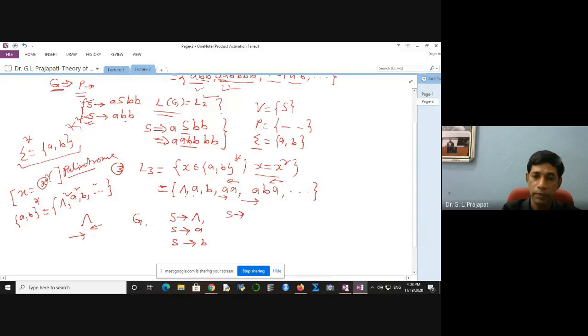S can generate... See, if the first symbol is A, then the last must also be A, because reading from left to right and right to left should be the same. So whenever you are writing the production rules here, you must observe that if you are starting from A, then you should also have A at the last.